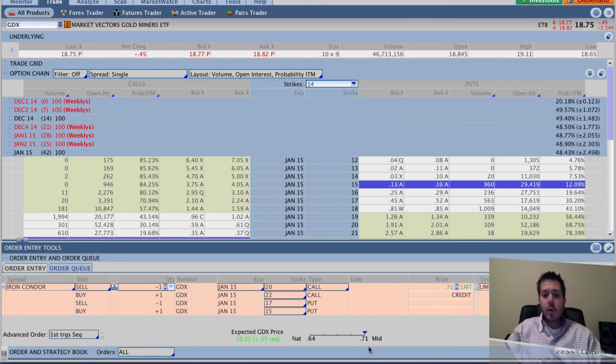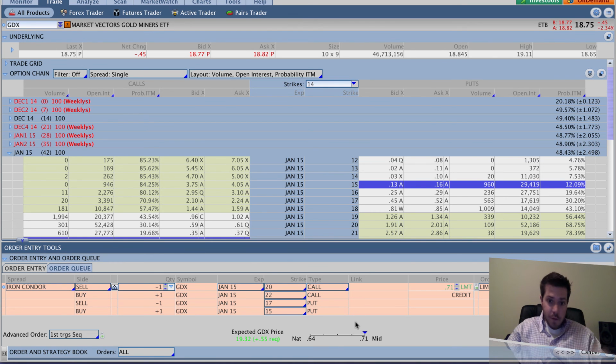So it's a pretty liquid overall spread, as we would expect, because the liquidity in GDX options is pretty solid. The tighter this mid-nat spread, the better, of course, but 7 cents is certainly reasonable. And we're not even in open market hours, so we're not sure if this is an accurate representation of the mid-nat spread, but generally it's pretty close even after hours.